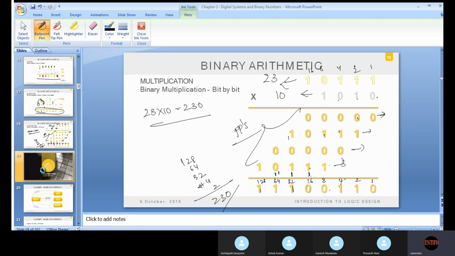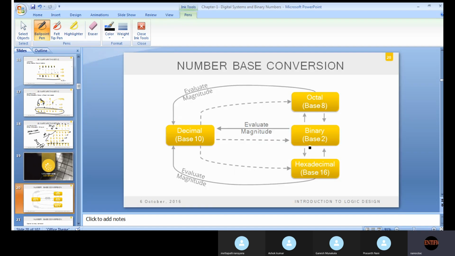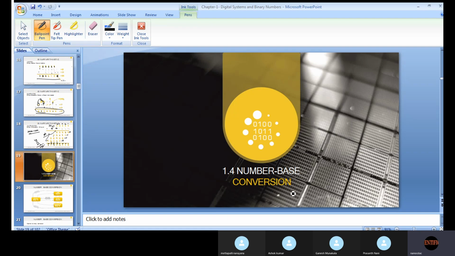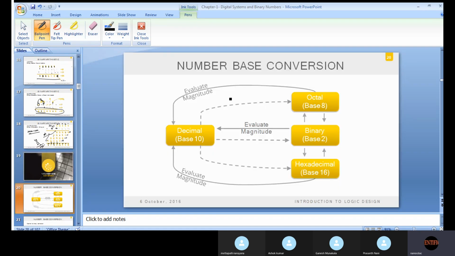So after binary multiplication, next what we will see is number base conversion. Okay, in number base conversion, decimal means base 10. Whatever the integer number is there, with a decimal base 10 number we can convert to octal, we can convert to binary, and we can also convert to hexadecimal.